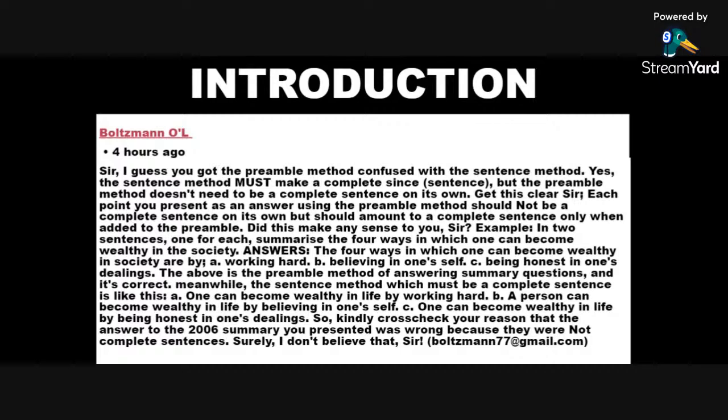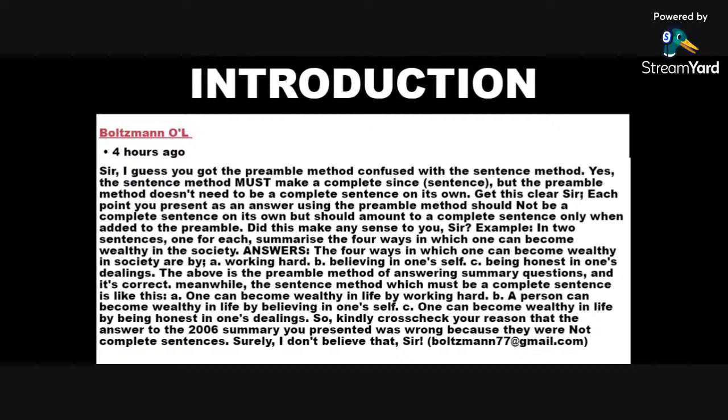Yes, the sentence method must make a complete sentence in bracket, but the preamble method doesn't need to be a complete sentence on its own. Get this clear, sir. Each point you present as an answer using the preamble method should not be a complete sentence on its own, but should amount to a complete sentence only when added to the preamble. Did this make any sense to you, sir?